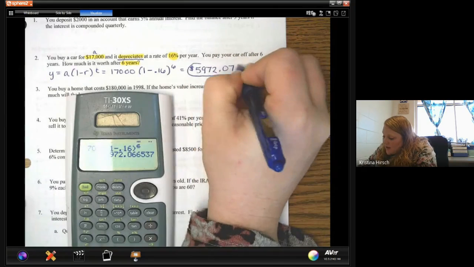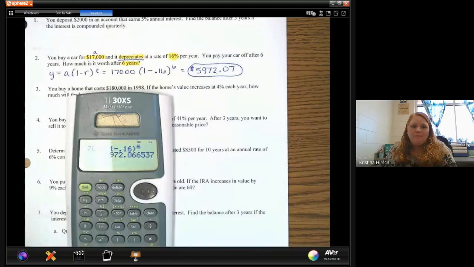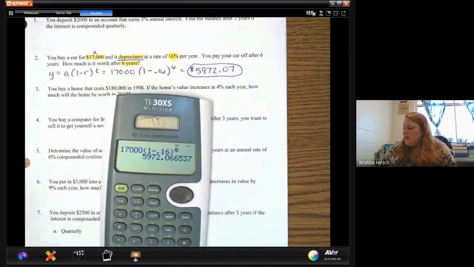So about $6,000 would be a reasonable selling price. You can use Kelley Blue Book and other things, but this would be an idea if there was a model for that specific car. You could probably look up decay models and maybe find something that you could use. But that kind of gives you an idea.